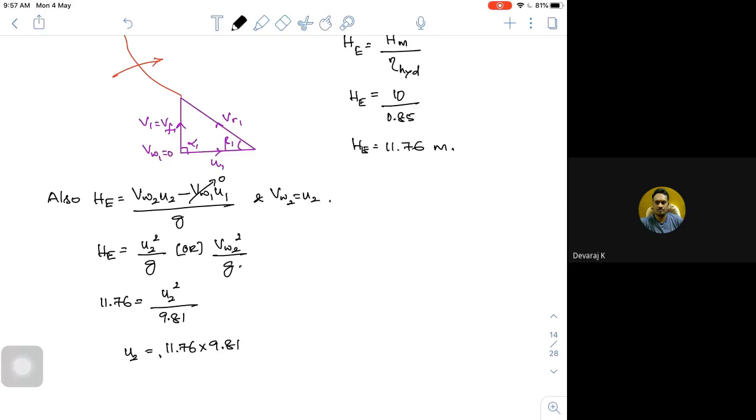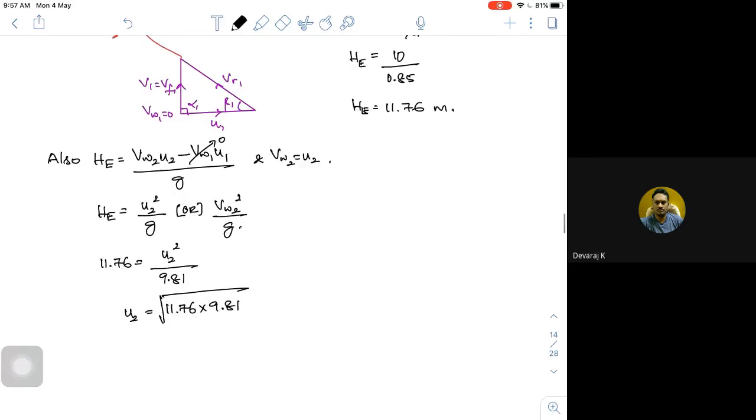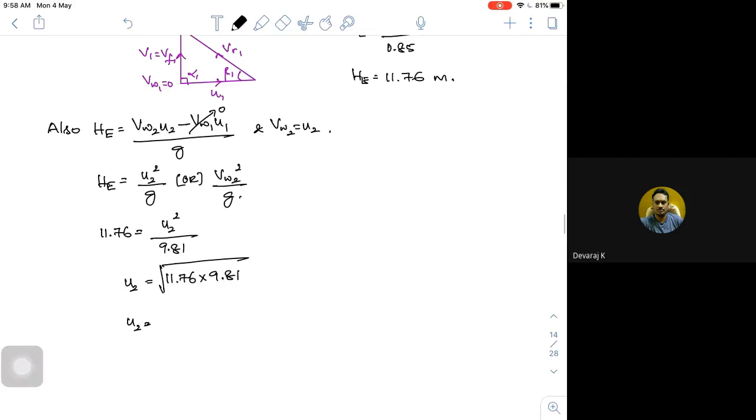If I take the square root of it, I'll be getting my U2, which is 10.74 meters per second. So this is the value of your U2.